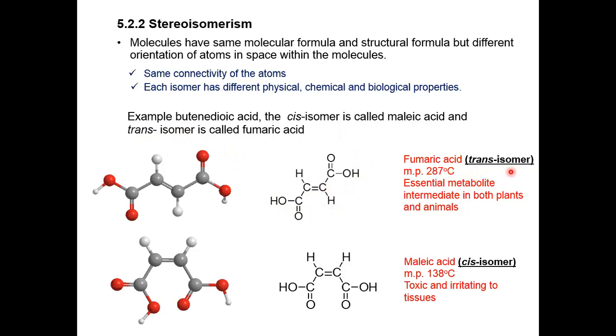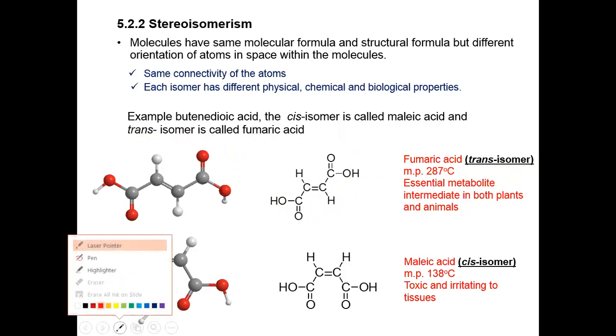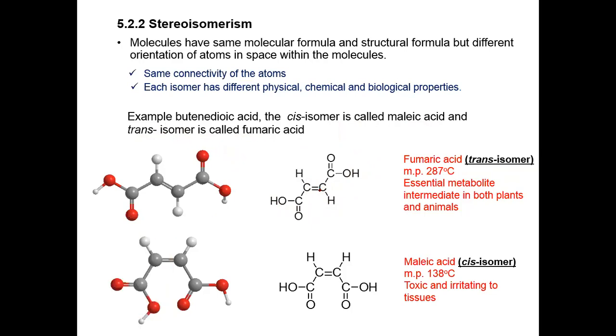So the trans isomer: this is trans because here is your carboxylic and here is your carboxylic, so you have carboxylic at a trans position. So this is the trans of the butenedioic acid, whereas this is the cis of your butenedioic acid.